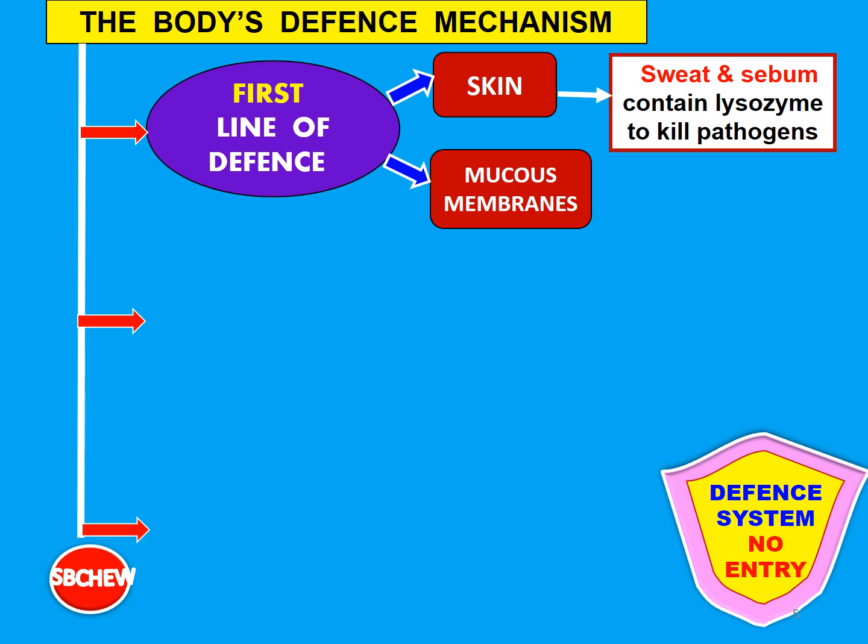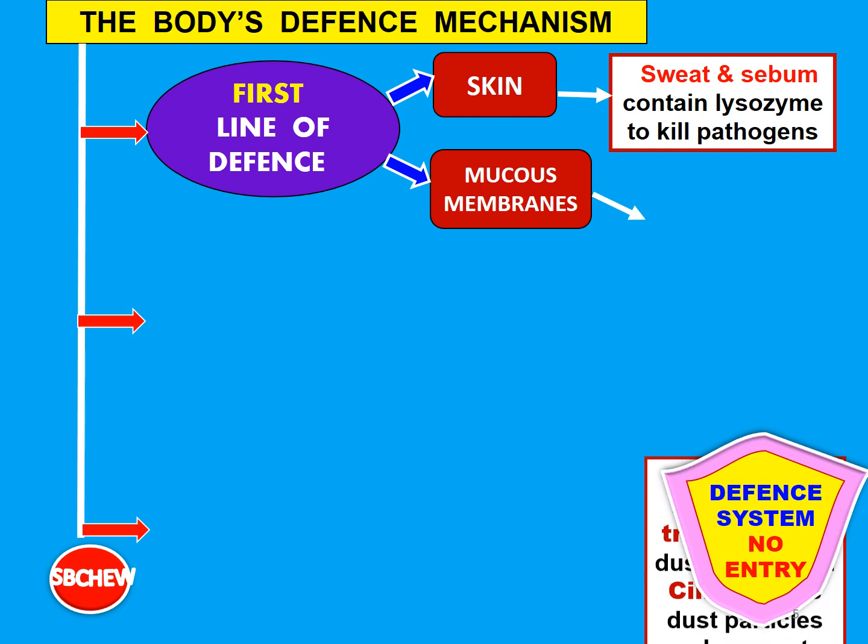For example, sweat and sebum contain lysosome to kill pathogens. So usually we think of sweat as something very dirty or smelly, but actually it has a role in killing pathogens by using an enzyme called lysosome. We will discuss this in the next slide.